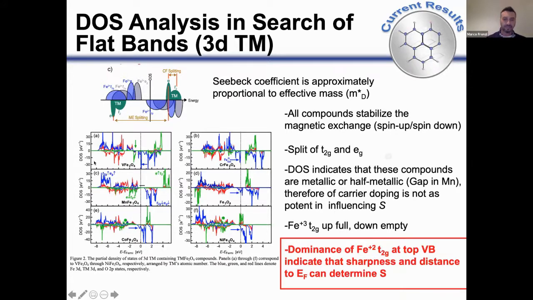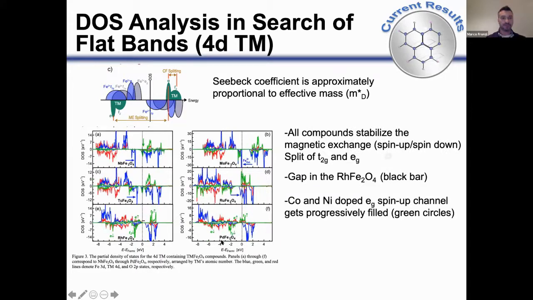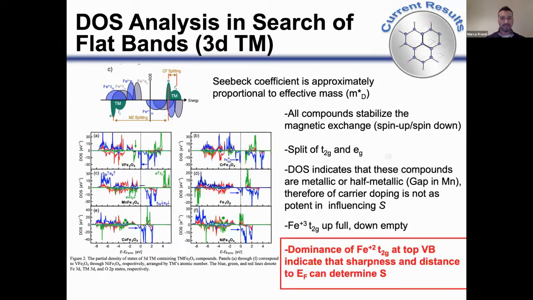The 3D goes from vanadium to nickel. The 4D goes from niobium to palladium. Let's analyze first the 3D and see what happens. First of all, what we can notice is that for all of these compounds, we respect both the crystal field splitting and the magnetic exchange up and down difference.